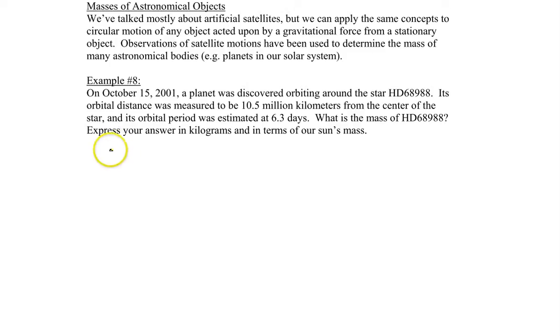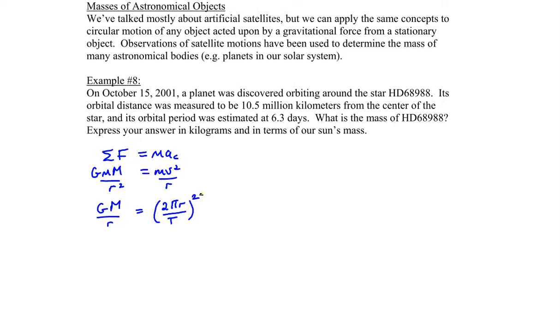Let's start from first principles and use the sum of F equals ma, so we have mv squared over r equals GMm over r squared, and we have the following expression: GM, the mass of the stationary body, divided by r equals 2 pi r over the period, squared.